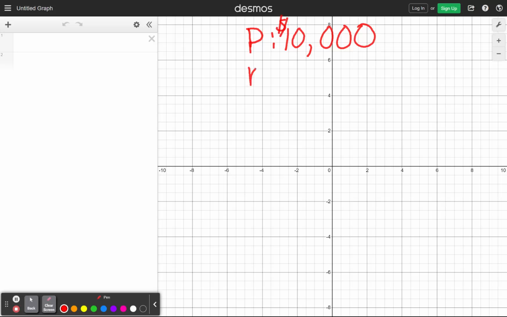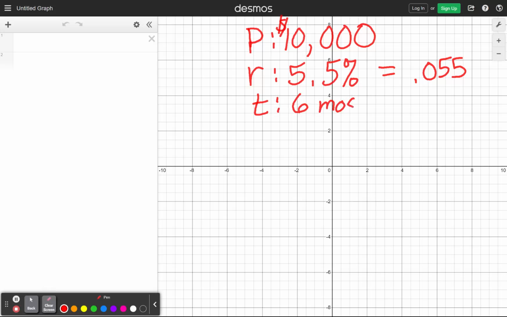The interest rate for all of them will be 5.5%, which of course we need to put in as a decimal, 0.055. The time that we'll be using is 6 months.